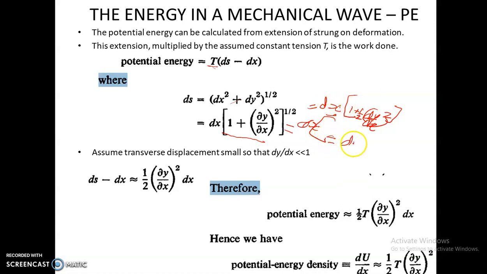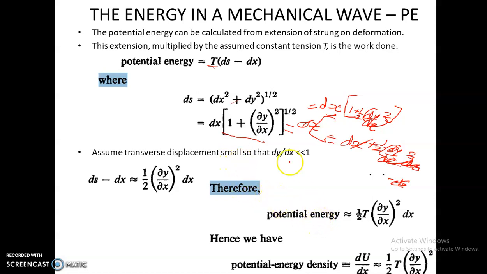This is essentially dx plus half into dy by dx whole squared into dx. That is ds. Then ds minus dx will be, you have a minus dx here, dx goes, what remains is half into dy by dx whole squared into dx. So ds minus dx is half into dy by dx whole squared into dx.